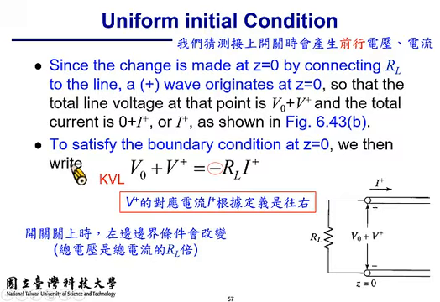Okay, so anyway, we have this voltage over current relationship based on the boundary condition. And how many unknowns are in this equation? V plus, I plus, no, we actually have just one unknown, because I plus can be replaced with V plus over Z sub 0.